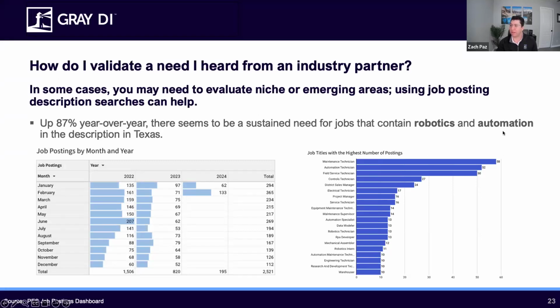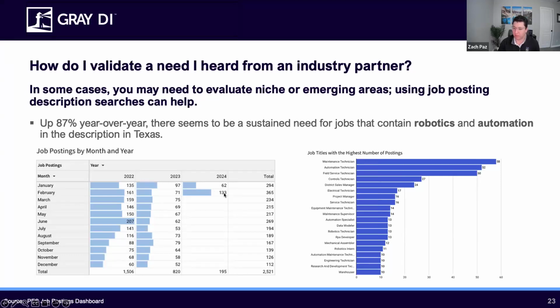Let's search every job posting in the market for robotics and automation, look at the month-by-month trends, look at the overall trend, and see if that's a sustainable skill set that they're looking for. In this case, I would say yes, it is sustainable, small, but it seems to have a sustained need in the market, especially reaching back to the 2022 levels.